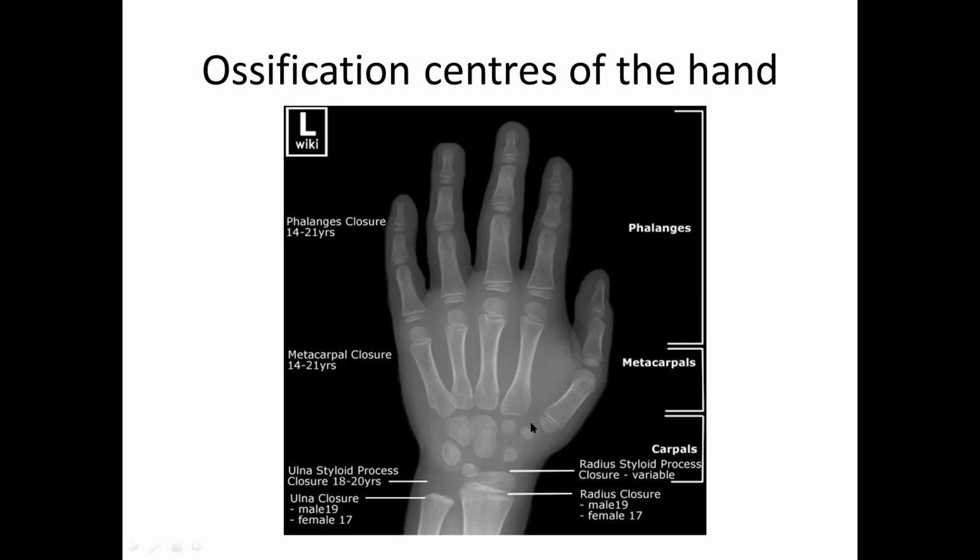If you count the carpal bones, you can roughly judge the age of this child. Also, you can see the radius, to see whether the radial epiphysis is closed, whether the ulnar epiphysis is closed, and whether the ulnar styloid process has ossified. So these different features of the different areas of ossification give you an idea about the age of this child.